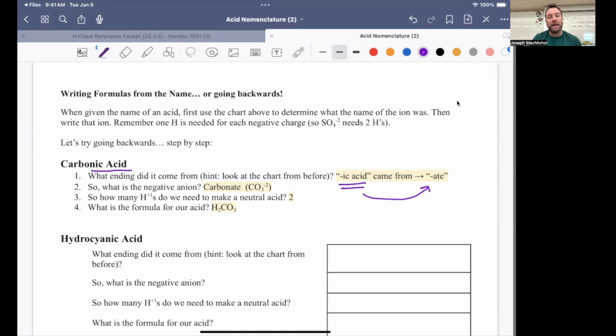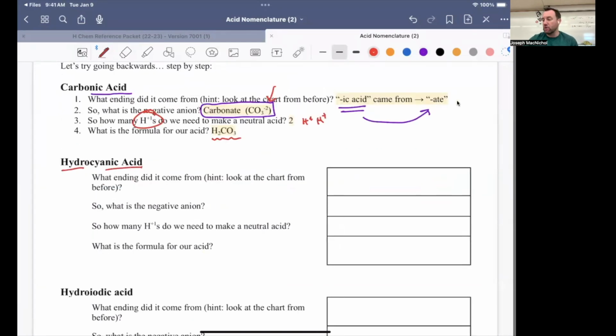So carbonate, the CO3 2 minus ion. How many H pluses are necessary to have a neutral molecule with a carbonate? Well, that's going to be 2. I need 2 H pluses to get to 0 from that -2 ion. So what is my acid formula? H2CO3.